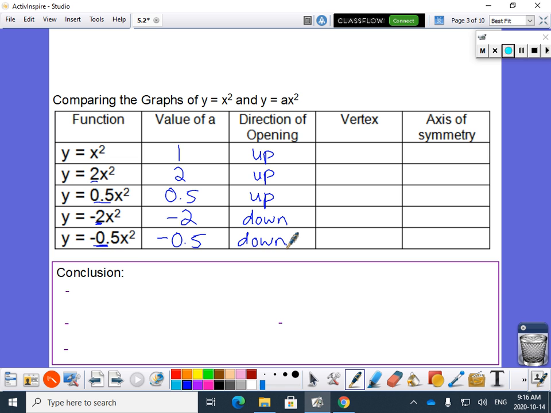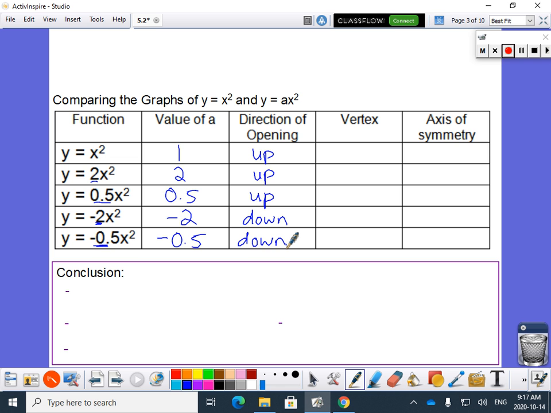Vertex. So now think about it. Y equals x squared, what's our vertex? 0, 0, right? So these equations here, yes, the a value changes, but we don't have like a plus 2 or a minus 8 here that's going to change the vertex.